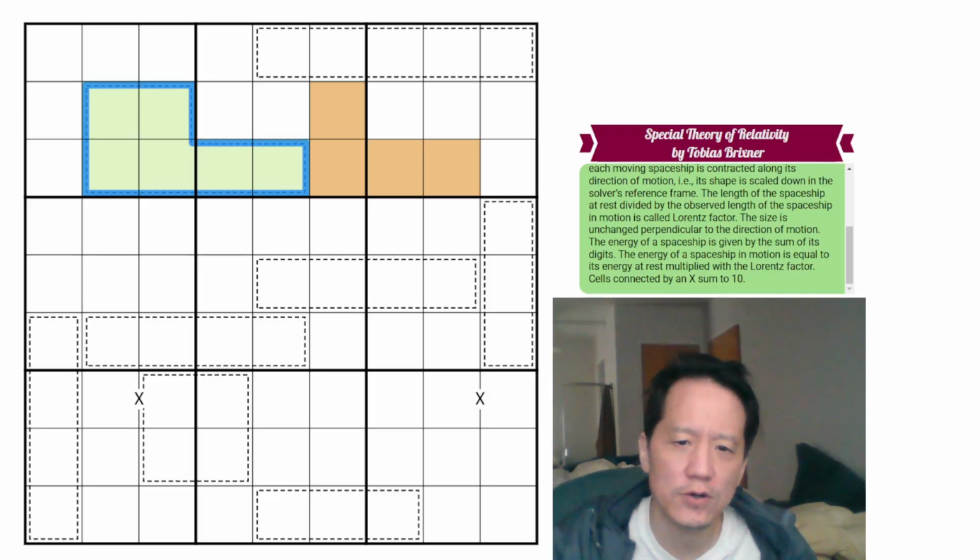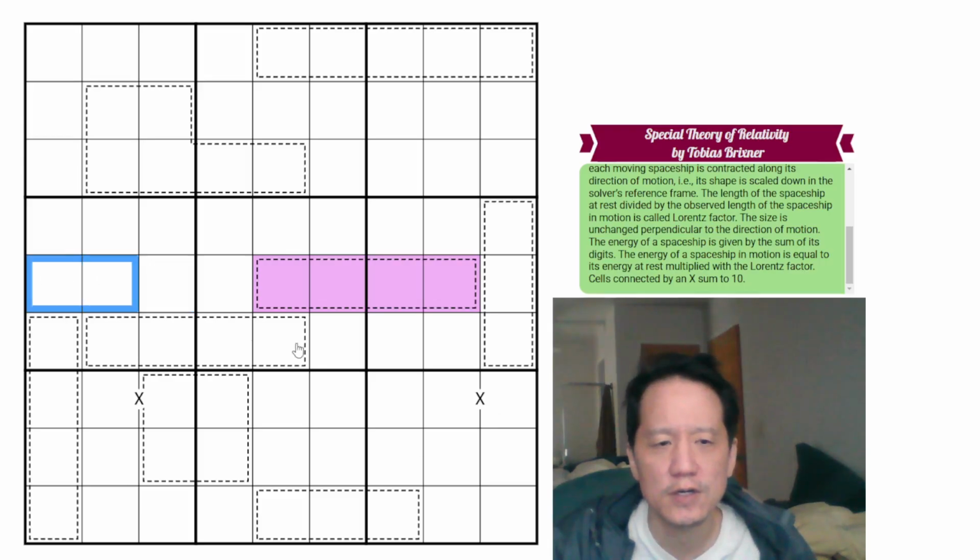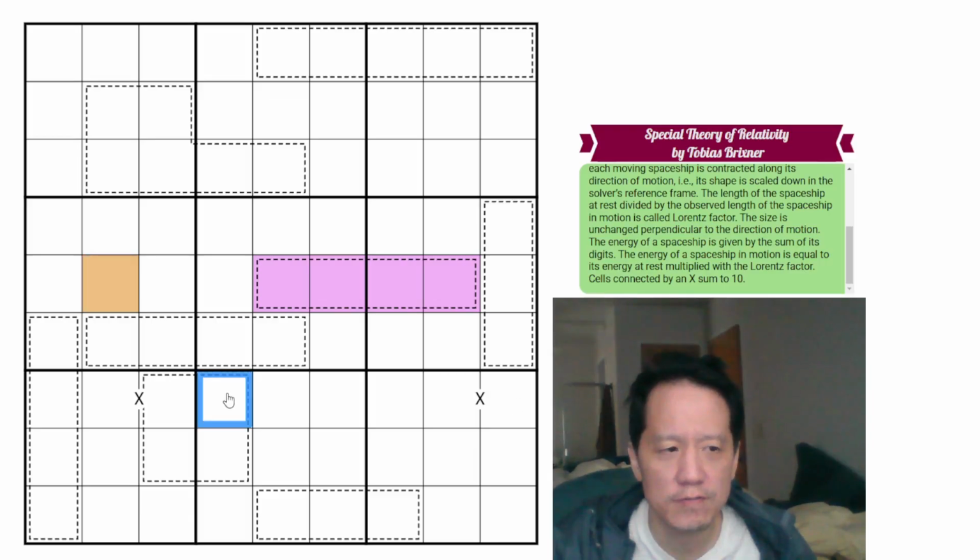Okay, let's just take one that's easier. Let's say we have this, and then it shrinks to, let's say, 1. Then the Lorentz factor here, the length of the spaceship at rest, which is 4, divided by the observed length, which is 1.